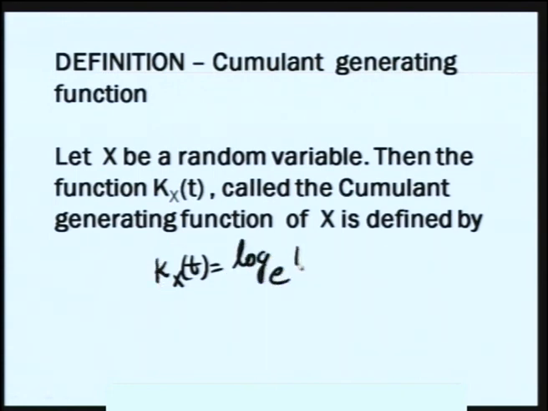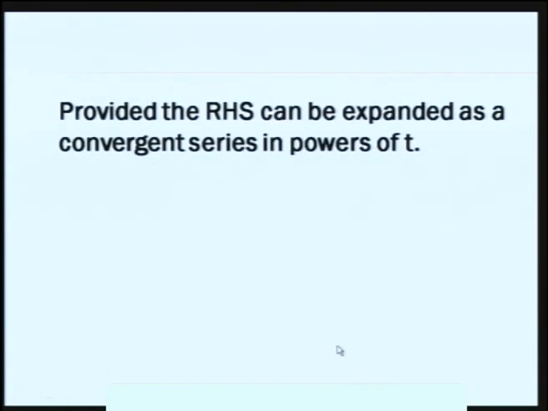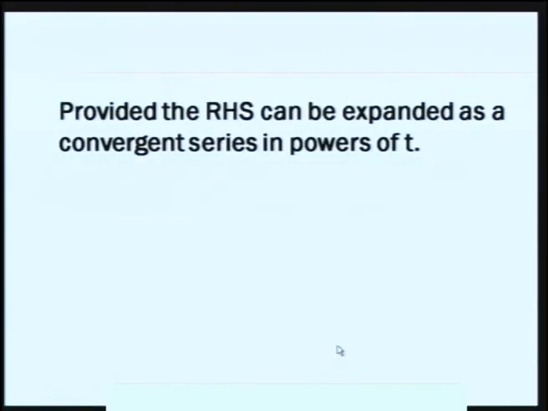It is the logarithm of the moment generating function, provided the right hand side is a convergent series, because logarithm is an infinite series, it has to be convergent. So, the cumulant generating function will exist only when the logarithmic expansion is valid as a convergent series in powers of t.